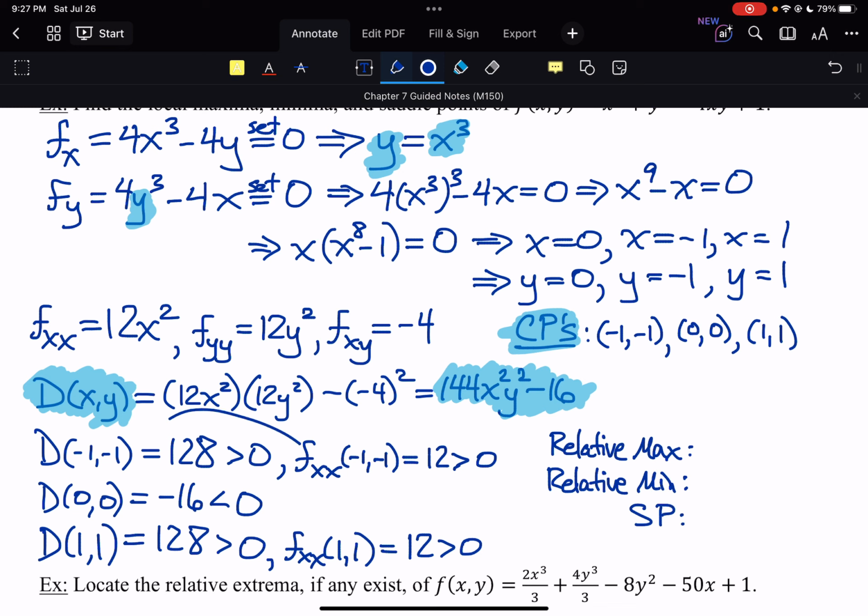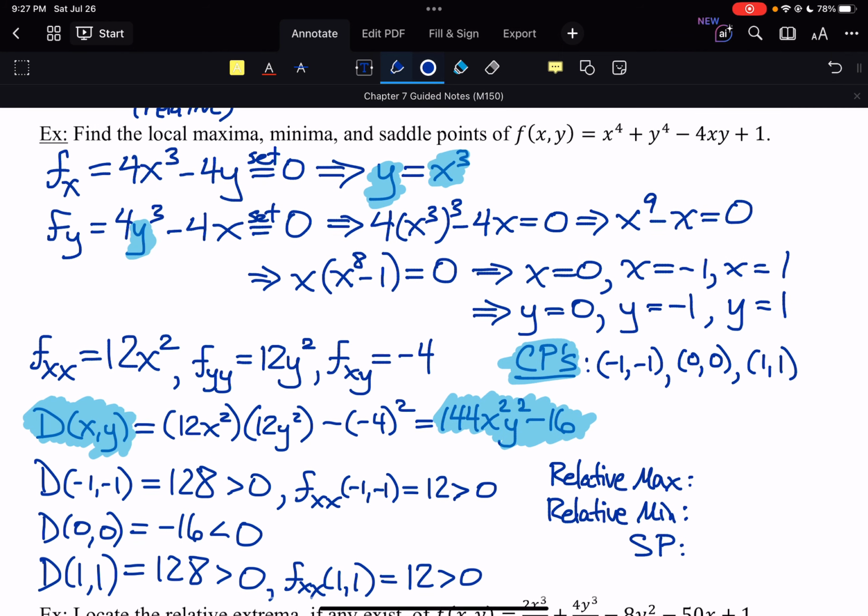So when D is positive and fxx is positive, that's a min. So that means the first one and the last one are both minima, and the D being negative is a saddle point. It's good, when finding the points themselves, to plug back in to the original function to get the z value or the f of xy value that goes with them.